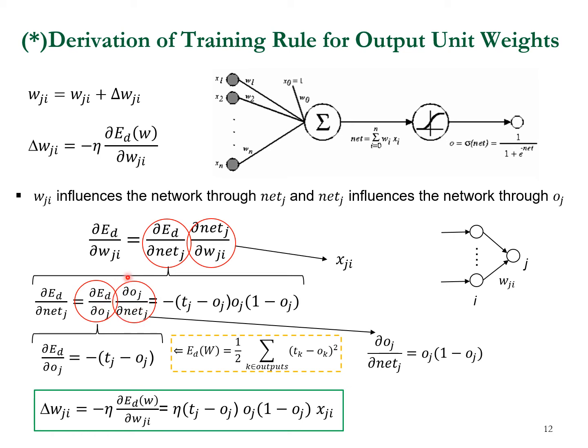And then this one here is the derivative of the activation, which in this case is sigmoid. The derivative of the sigmoid function in terms of net. A few slides back, when I explained the properties of the sigmoid function, one of the interesting properties is that its derivative form is very simple and very clear like this.